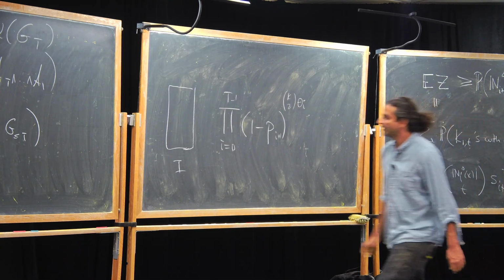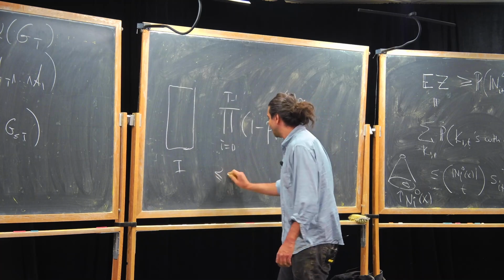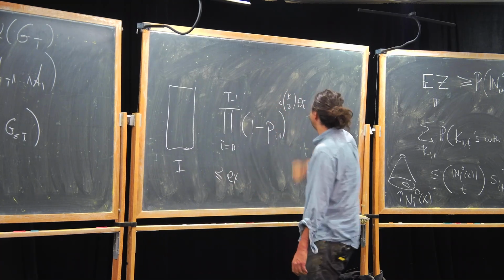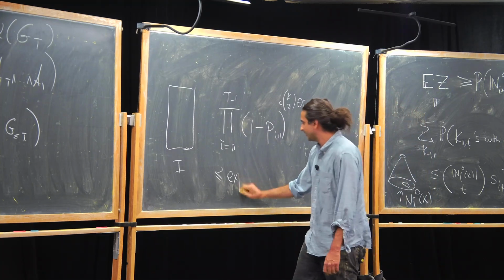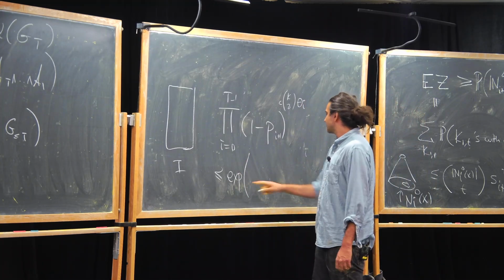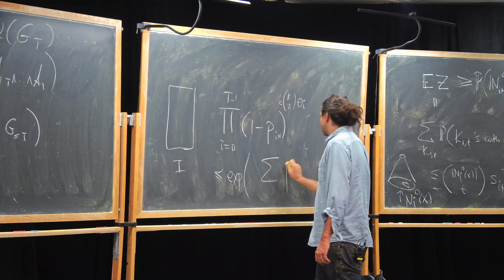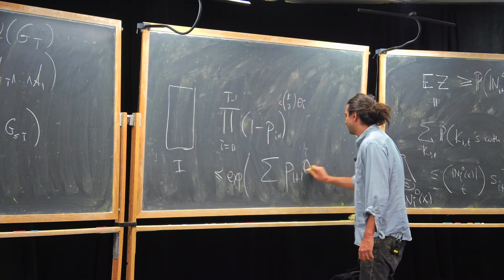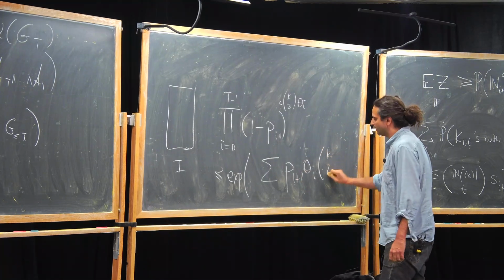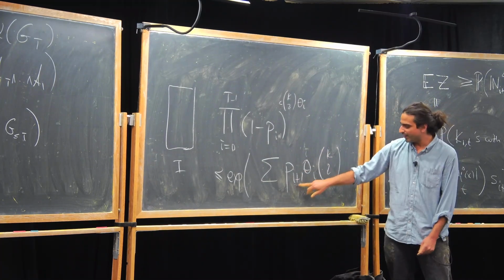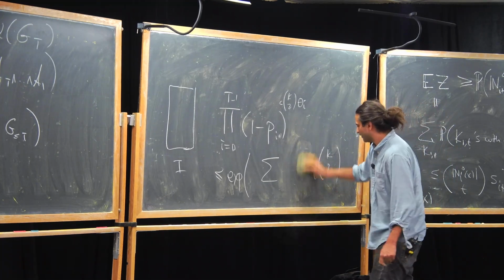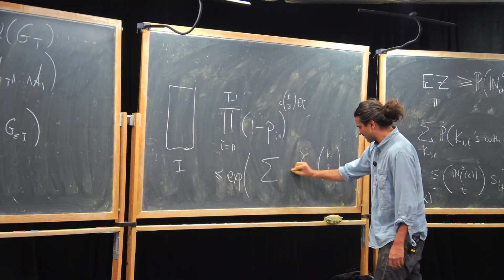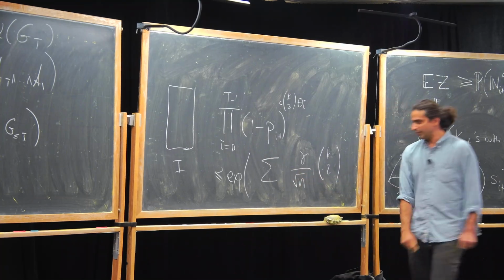And so now, what is this probability? Let's even say I don't care about determining the constants. You can even give me a constant here, and I feel happy. So this is at most the sum of p_{i+1} theta_i times k choose 2. We know what p_{i+1} theta_i is, it's a particular fixed value, gamma over root n.